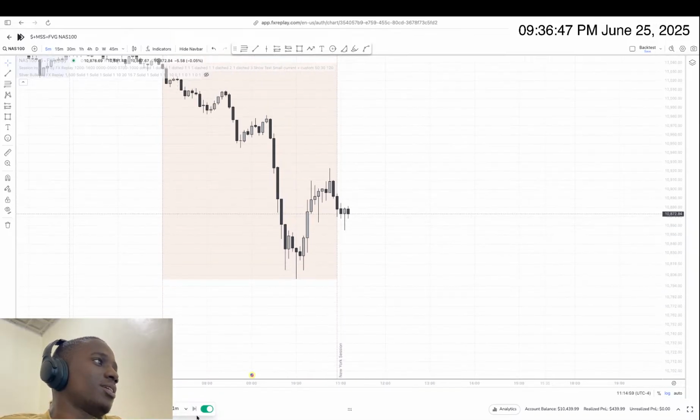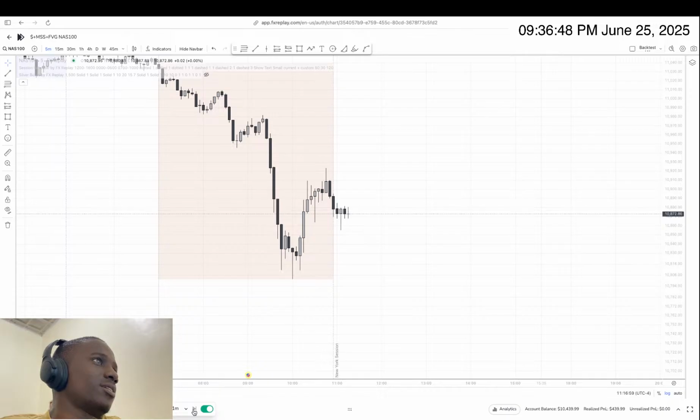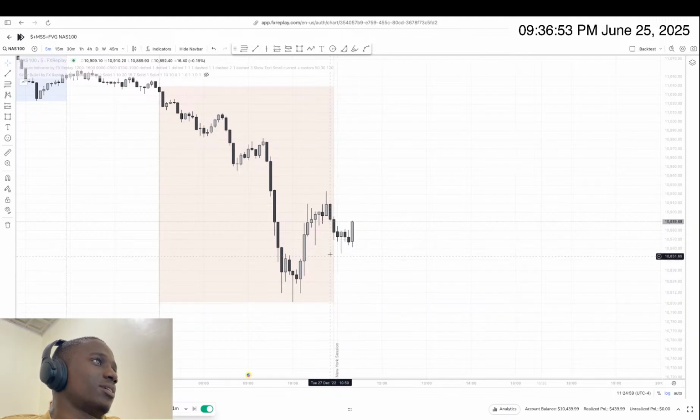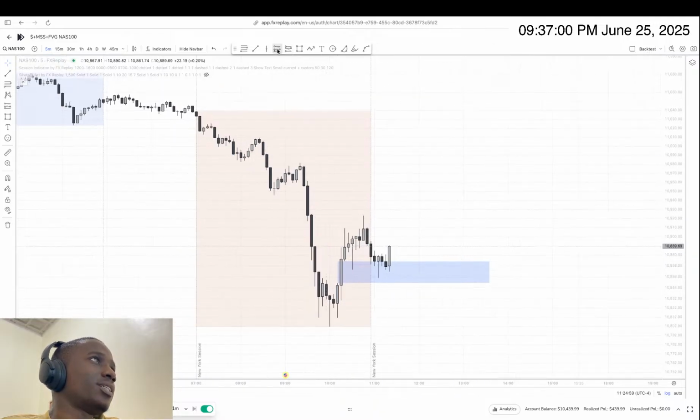And going on the 1 minute, let's see if we reject. You can see that we're rejecting this fair value gap here. We're having a really nice rejection.